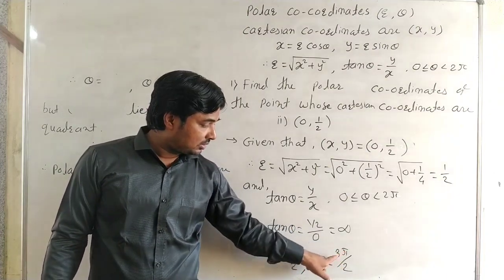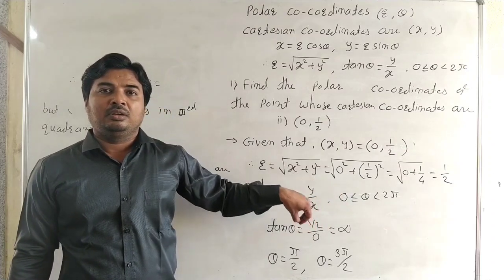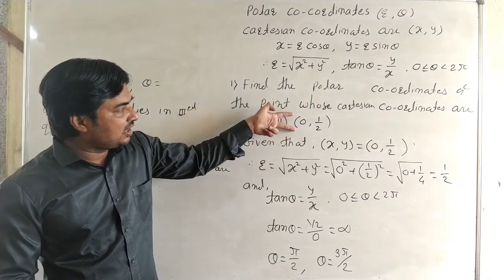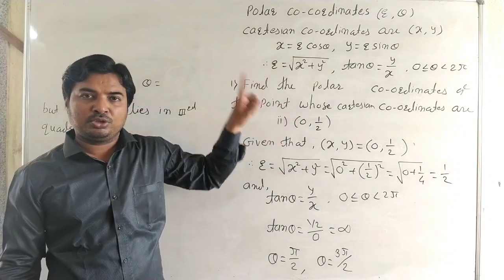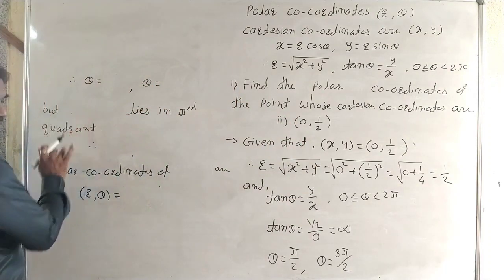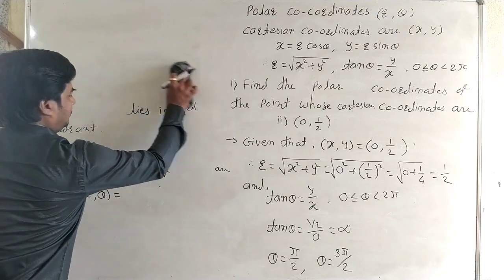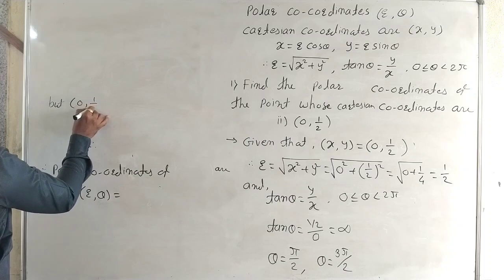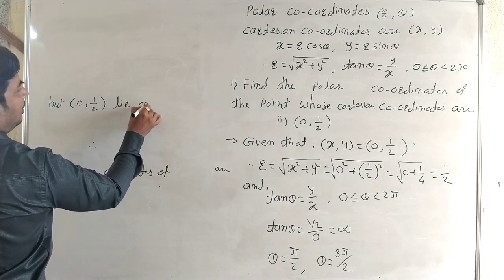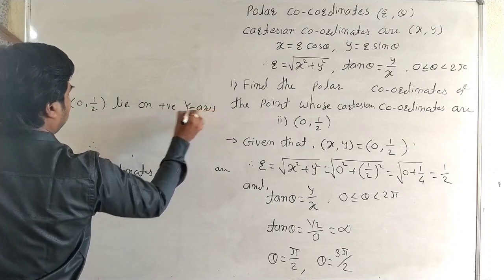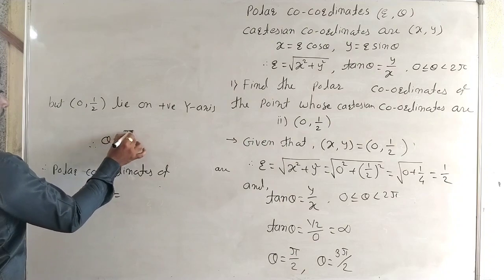But here it is given that the point 0 comma 1 by 2 lies on the positive y axis, and therefore theta is equal to pi by 2.